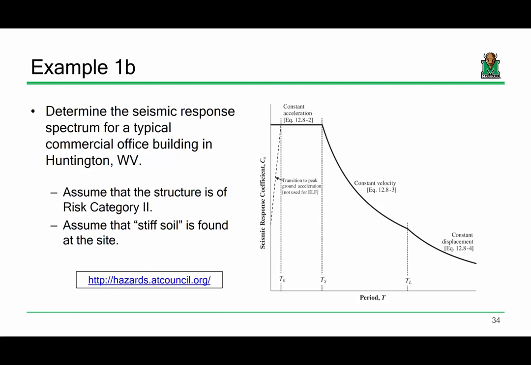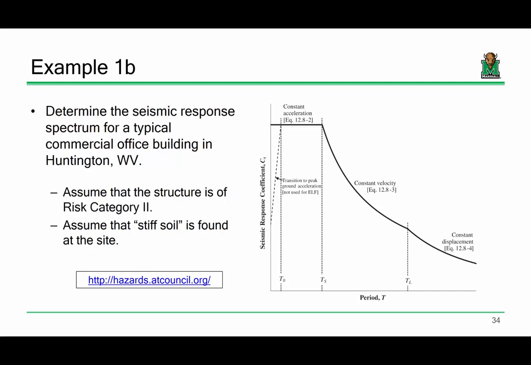Okay. Now, I want to determine what's called the seismic response spectrum for a typical commercial office building in Huntington, West Virginia. Now, there's really no work that we need to do for this example because it's just using the website. There's really nothing to do. I do want to show you what a seismic response spectrum is, and that's what you're seeing here on the right.